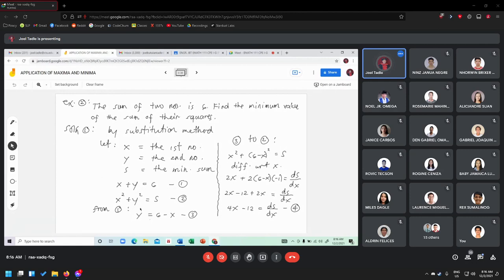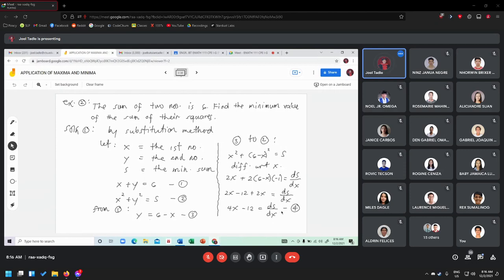We have 2x plus 2 times quantity 6 minus x times negative 1 equals ds over dx. Then multiply and combine similar terms, so we have 4x minus 12 equals ds over dx. That should be our equation number 4.